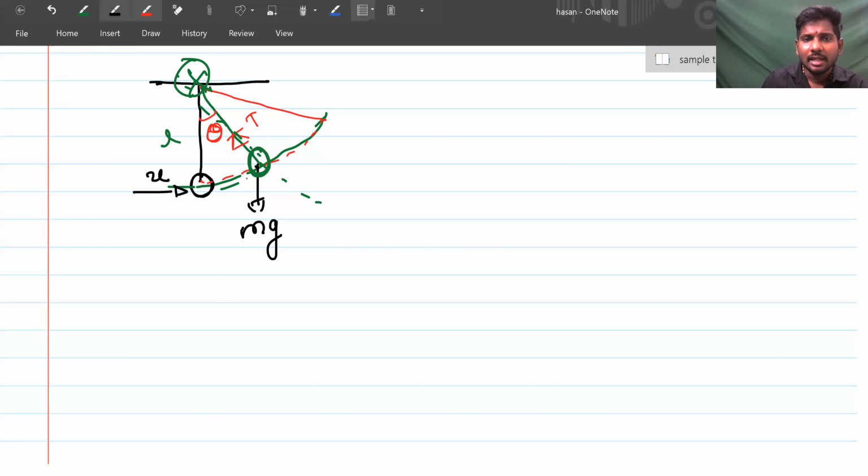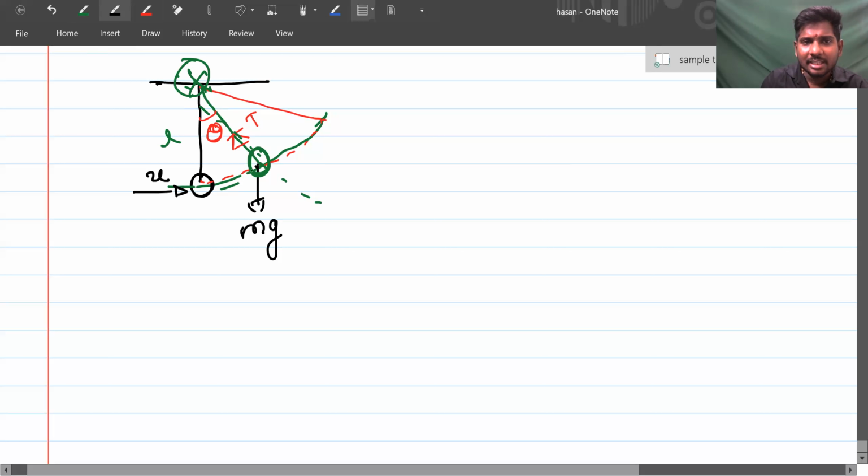So I want to figure out the force along the length of the string. That force will be, if I take this as theta, this will also be theta, right? Because corresponding angles. You see, these two are parallel. This is a single line.